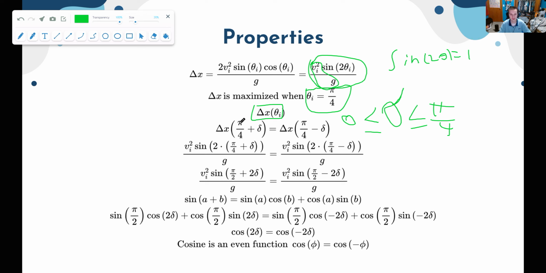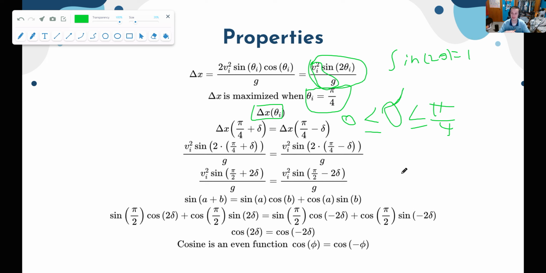So on one side we're going to have pi over 4 plus delta, and on the other side we're going to have pi over 4 minus delta. We want to see if these are equal. Because if they are equal, what that means is that for a given delta, if you add that delta to pi over 4, and you subtract that delta from pi over 4, you're going to launch a projectile the same distance.